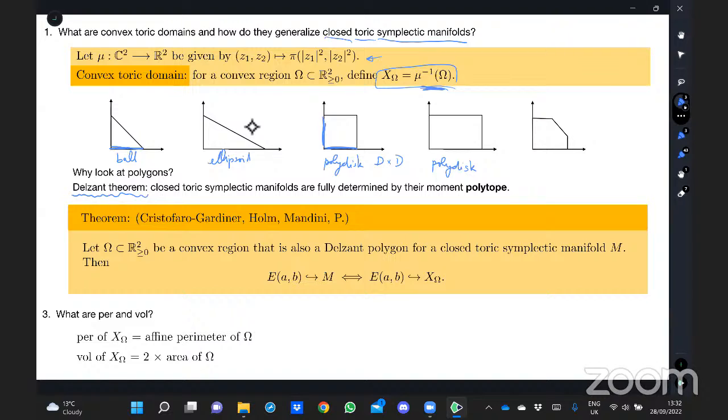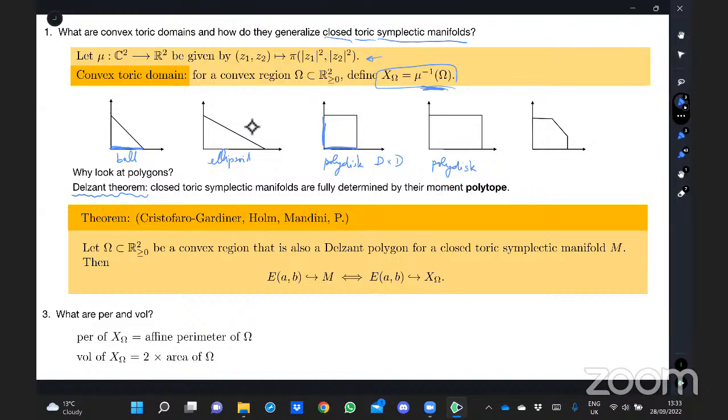This theorem is just to say why they generalize in the context of this function: if a closed toric symplectic manifold has the same polygon as a convex toric domain, then the ellipsoid embedding into one of them is the same as embedding into the other, which means you can go back and forth between these two worlds.